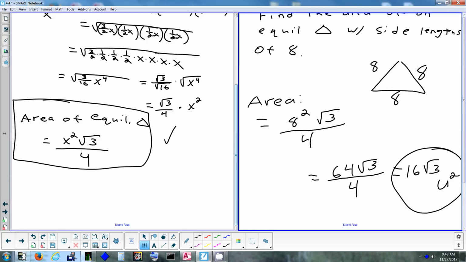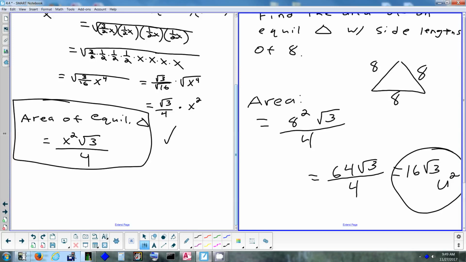Why? It's not only for equilaterals, it's for all triangles. Exactly. This formula is only for equilateral triangles. You can't use it for anything else. So it's a very specialized formula. We could come up with specialized formulas for everything. We could come up with a specialized one for an isosceles.